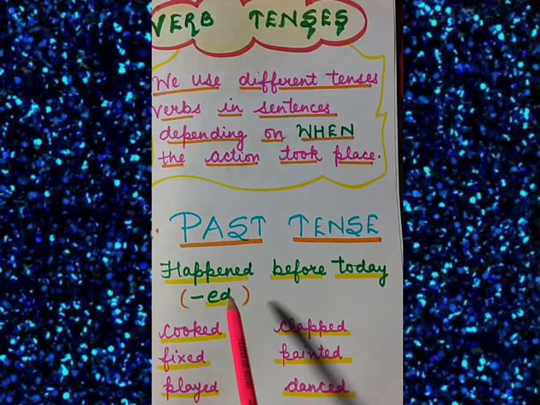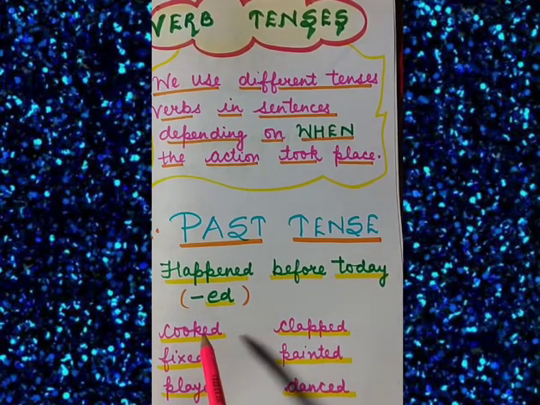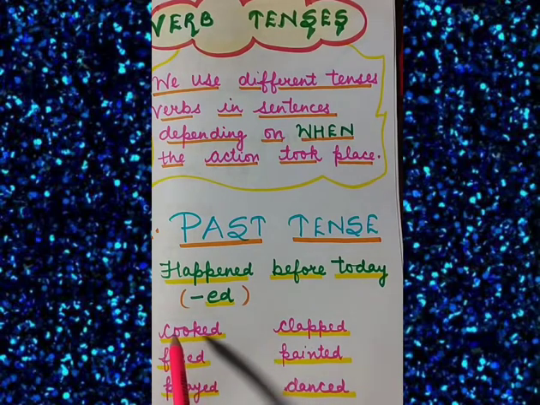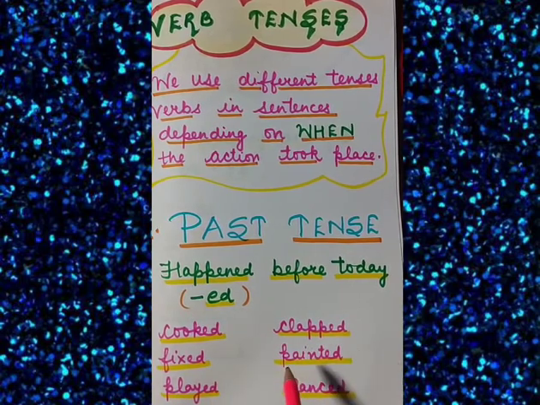So we add ed and this is called past tense. These are the words we can use in past tense sentences by adding ed: cooked, fixed, played, clapped, painted, danced. These words tell us that the action has happened before today.